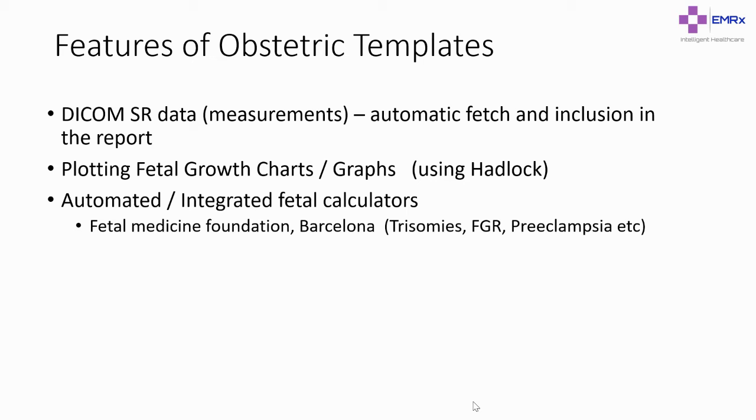For all of these calculators, which of course are optional, you can choose to use them. And if you choose to use them with just one click of a button, all the relevant measurements of both the mother and the fetus are automatically sent to the website. The calculations are performed on the website and the results are obtained and added to the report automatically.